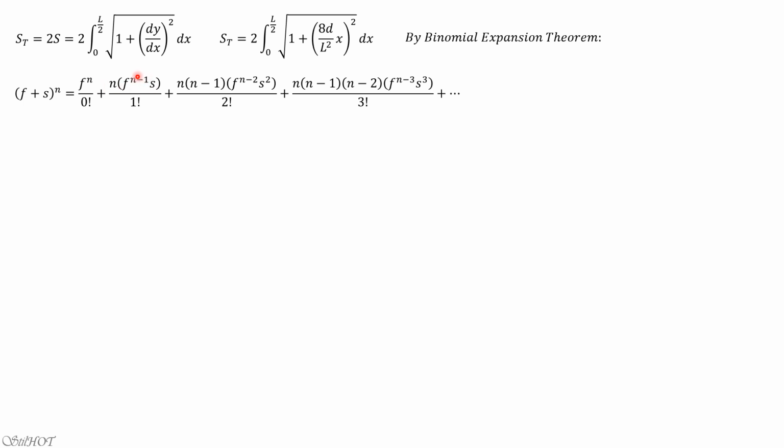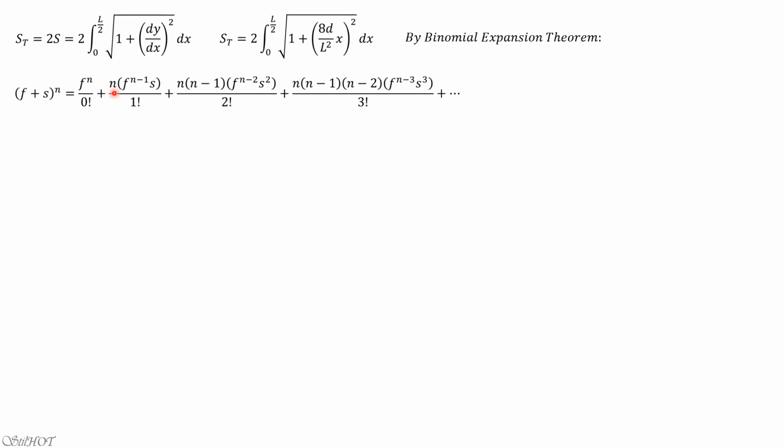Then we subtracted 1 from the power of f, which is supposedly n. Whatever is subtracted from the power of the first term is also the power of the second term, which is s to the 1. Then whatever is the power of the second term, you divide the entire term by the factorial of that power. So 1 factorial, which is also 1, of course.